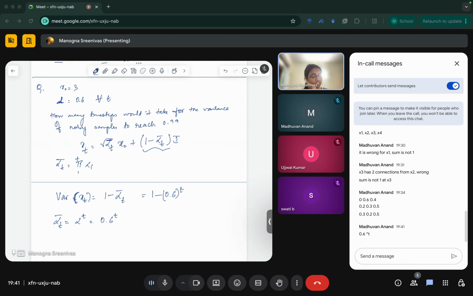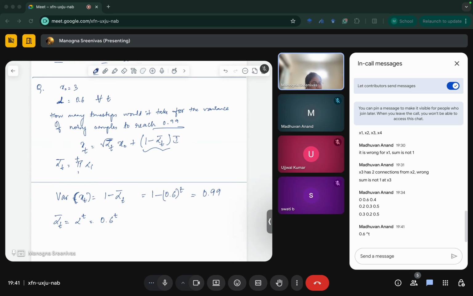And what do we want this to be equal to? We want this to reach 0.99. When would it reach 0.99? That's the question.